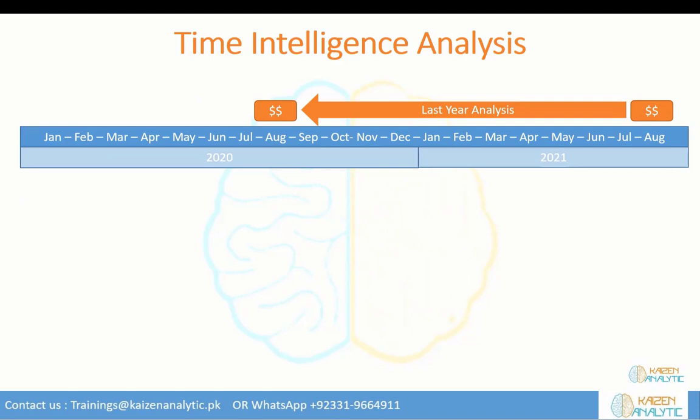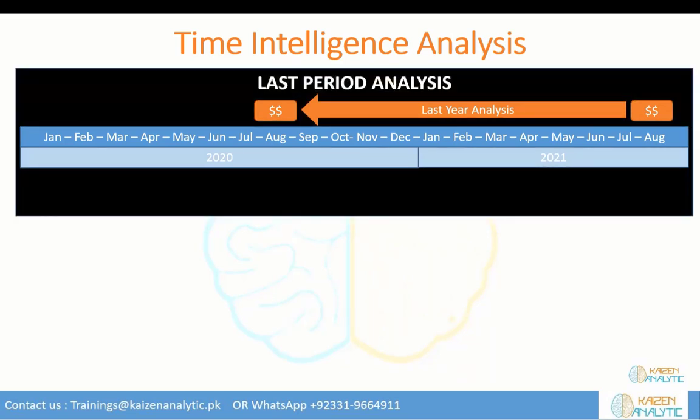This type of comparison is normally known as last period analysis, and there are other elements of last period analysis as well. For instance, there is last day analysis, last month analysis, last quarter analysis, and in this example which we are taking, this is the last year analysis.